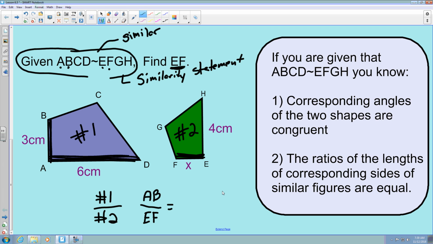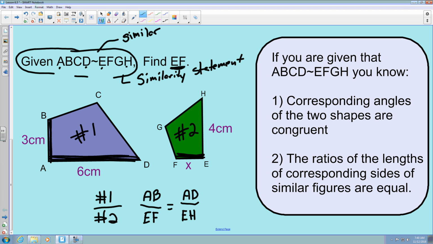Now it's going to be equal to, now I know I have a value for AD, and the corresponding side for that will come from the first and fourth letters. So that means that EH is your corresponding side. Now that we've set up the proportion with corresponding sides, if it has a number, put in the number.